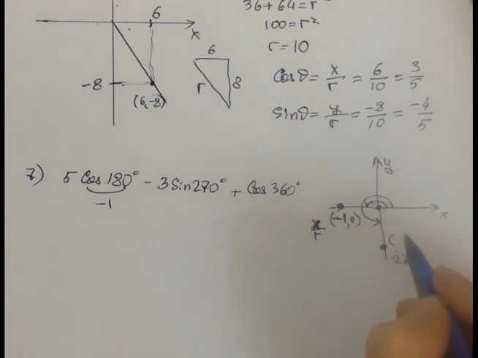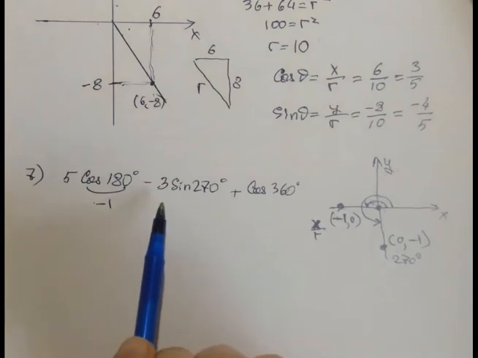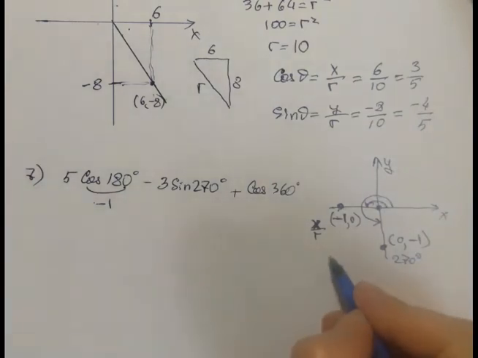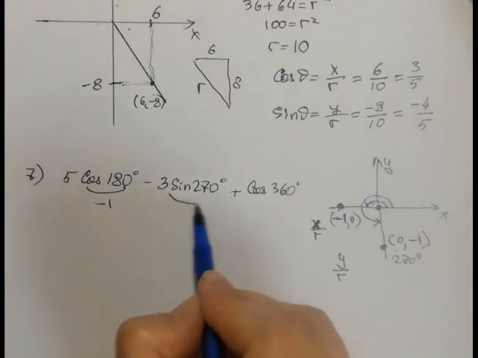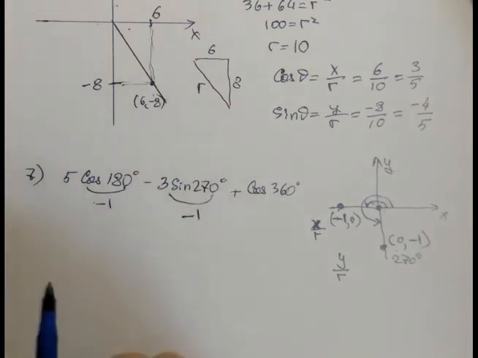The x coordinate of this point is 0 and the y coordinate is negative 1. Sine is y over r. y is negative 1, so sine of 270 will be negative 1 over 1, or negative 1.